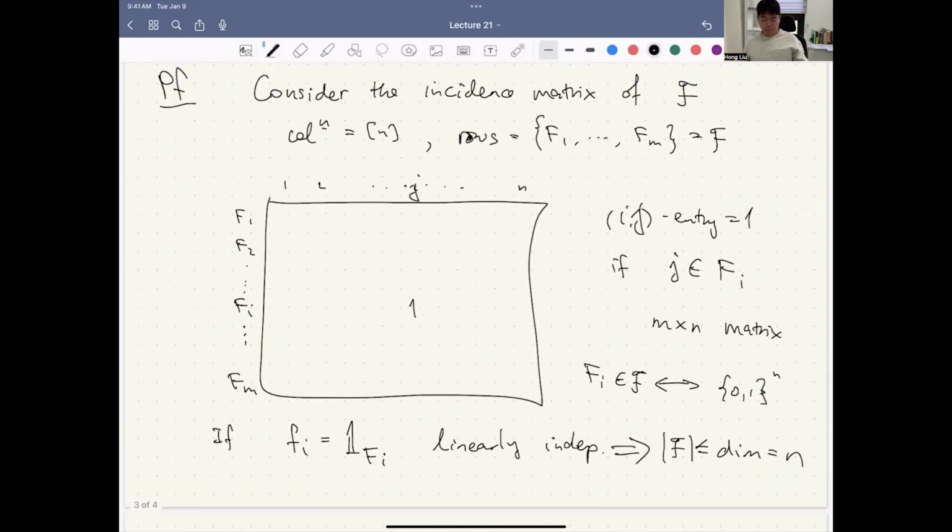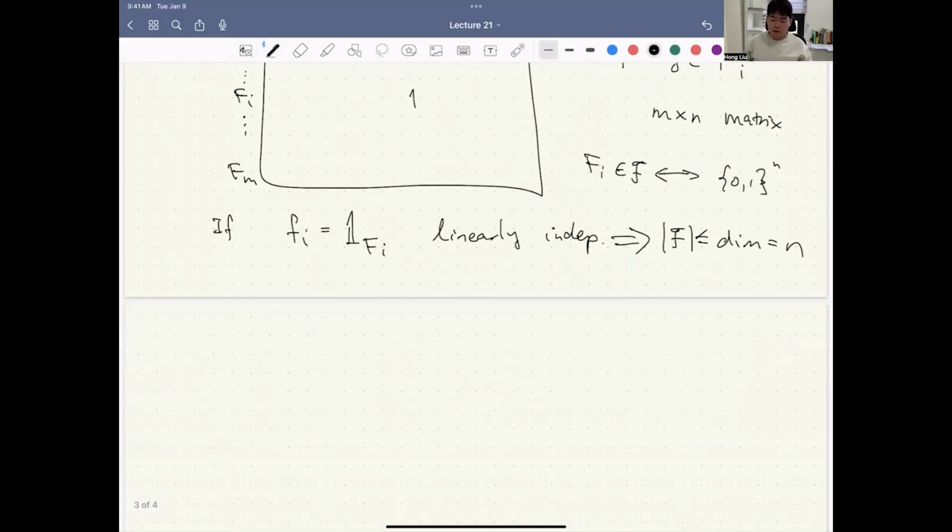So let's see if they are linearly independent or not. So let's look at some scalar alpha i times Fi.